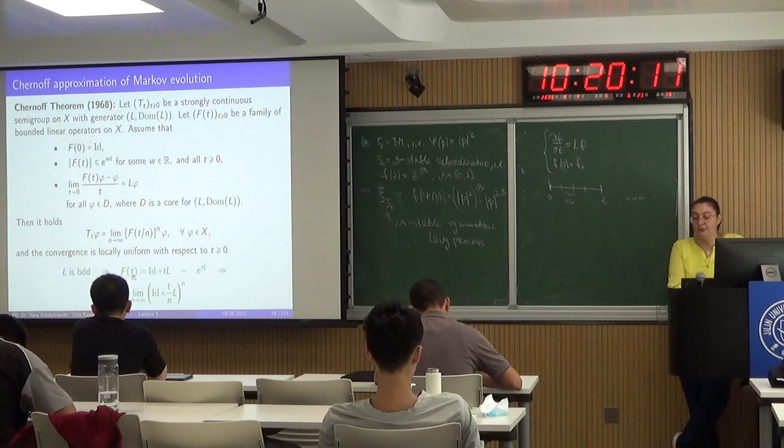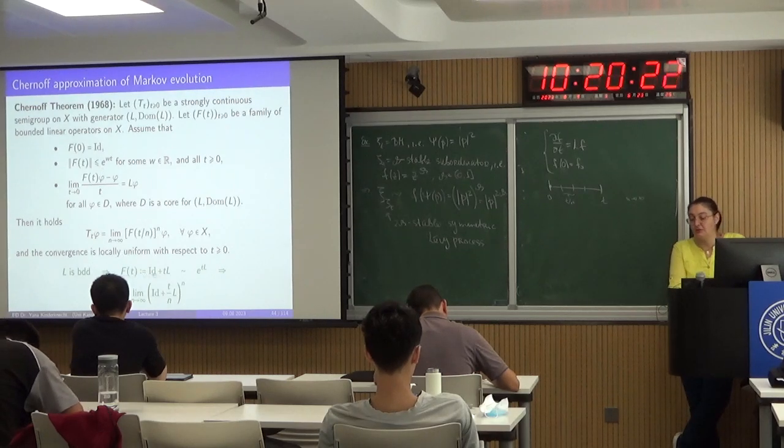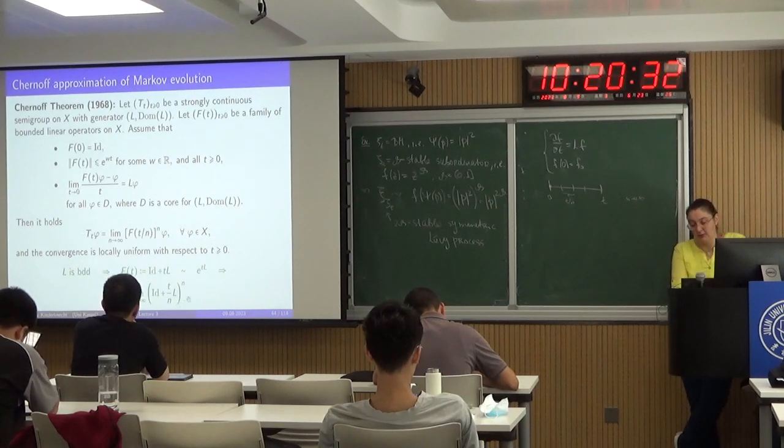The derivative at 0 of F is just L. And this estimate for the norm is also satisfied. So this family is perfectly Chernoff equivalent to the semigroup. So inserting this in the formula gives us this formula, and this is just what you know from analysis, the first formula.